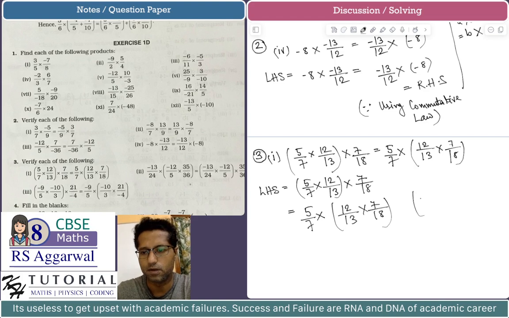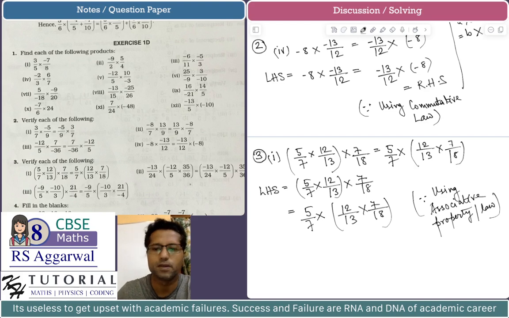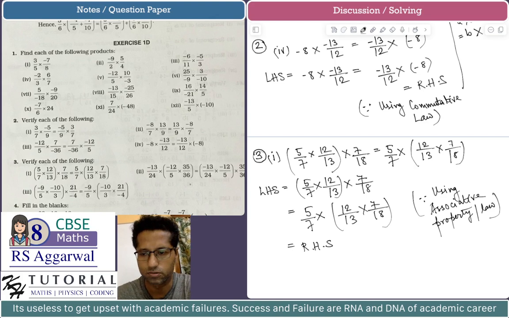So in the bracket you have to write that using associative property or law, which is equal to, you can see this is equal to the right hand side. Using the same concept of associative property of multiplication, you can verify all the other parts of the question number 3.